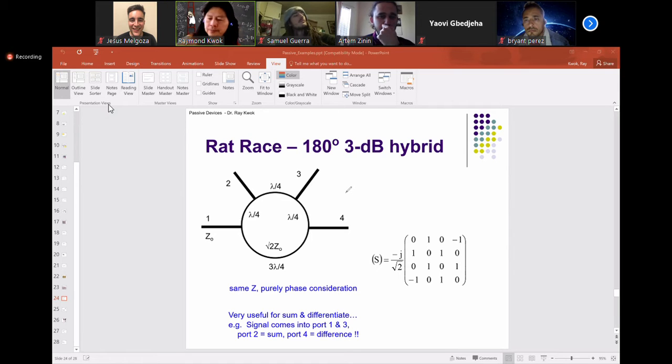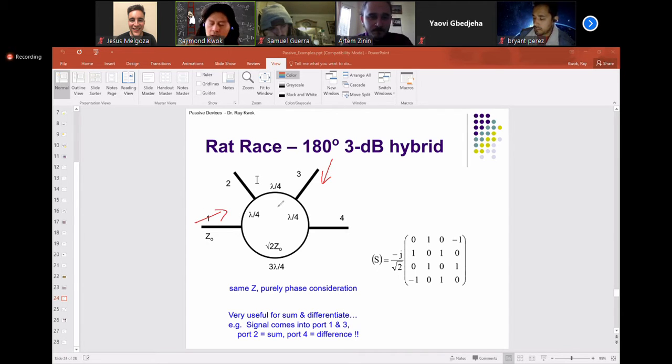So, okay, let me come back to this. This is actually very interesting. Now looking at this, because the signs are different, it's plus or minus, right? Then what people use it for, let me show you. Let's say I use this as a combiner and the signal is coming in from port 3 and port 1.